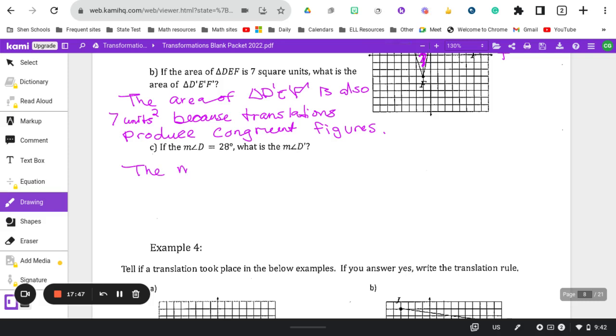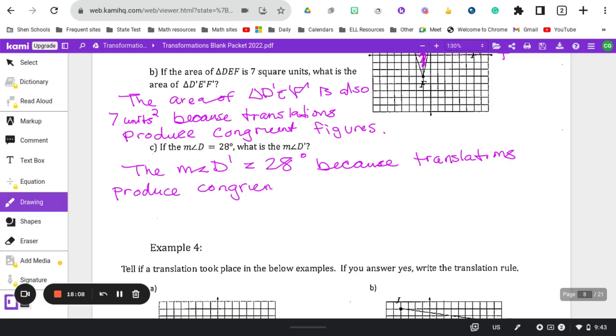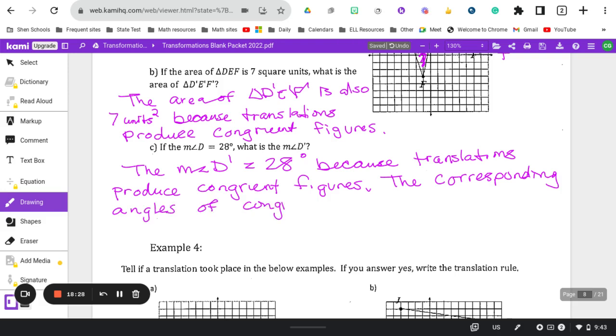That would also be measure of angle D prime equals 28 degrees because translations produce congruent figures, and the corresponding angles of congruent figures are congruent.